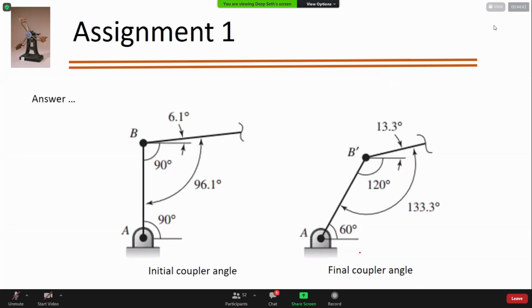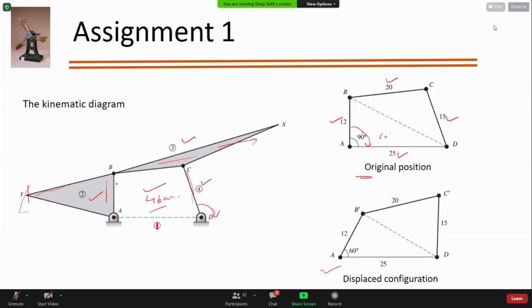So what's actually happening? Previously you were at 90 degree and your lever was placed at 96.1 degree. This angle is 96.1 degree. Okay. So this is 96.1 degree.